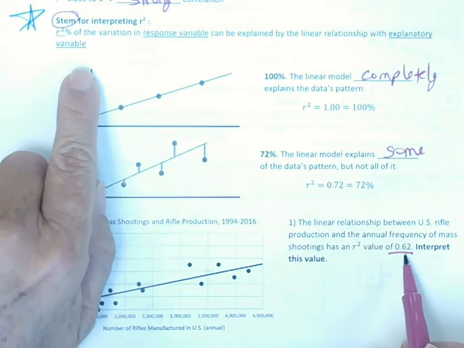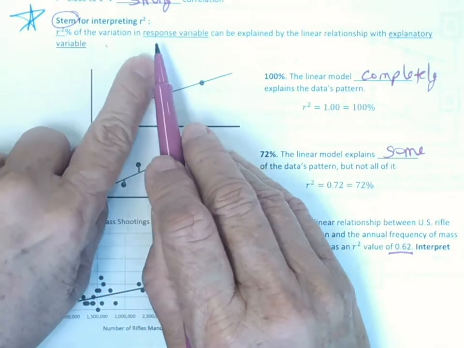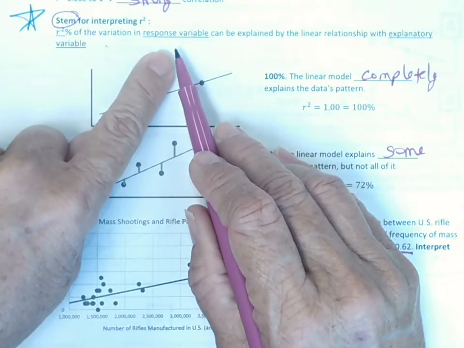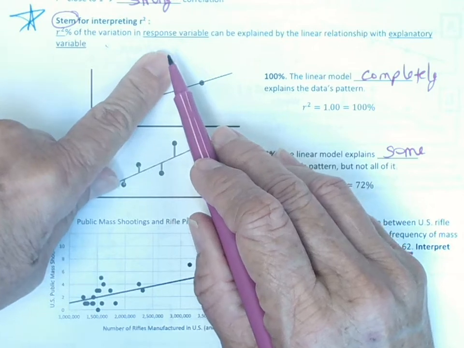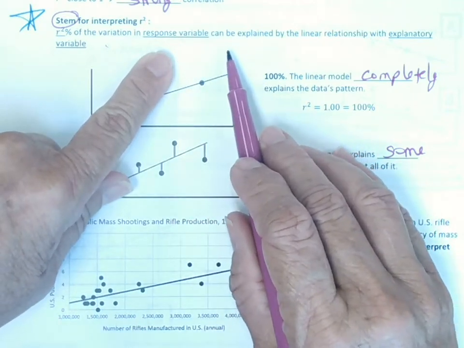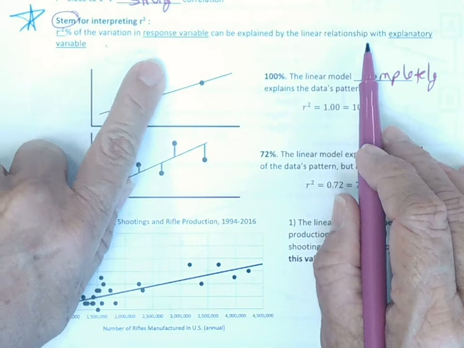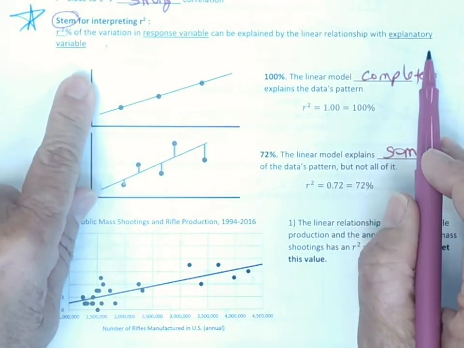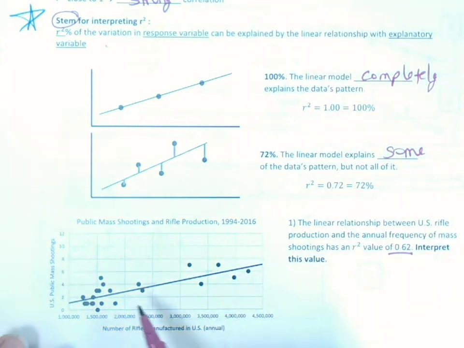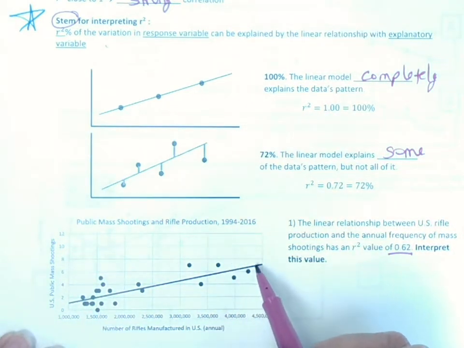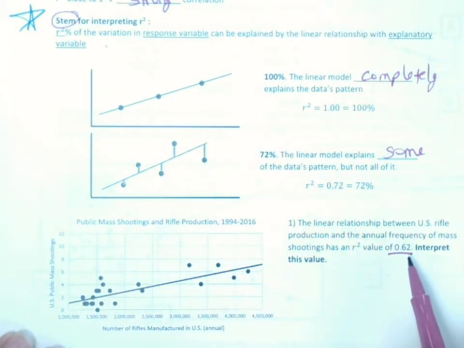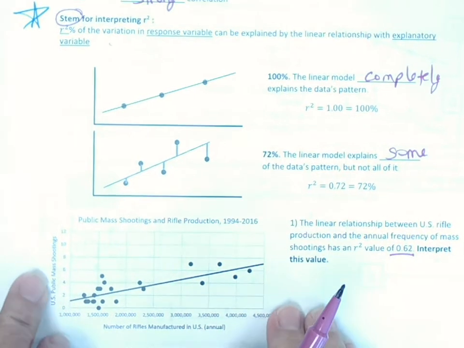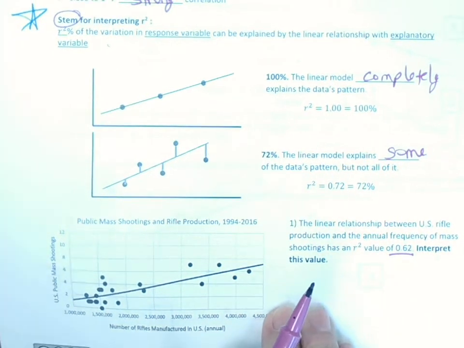So 62% of the variation in the frequency of mass shootings in the United States can be explained by the linear relationship with the number of rifles manufactured in the United States. So again, 62% of the variation in the Y value is explained by the linear model here.